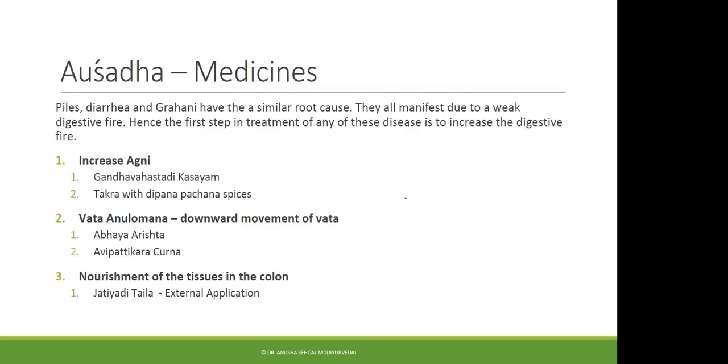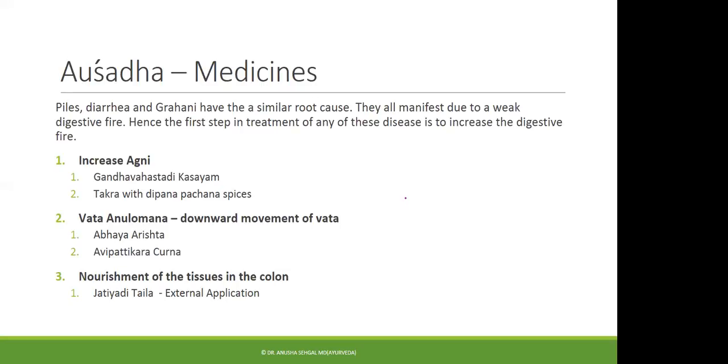The reason they've been put there is because if the pile mass is very large and very chronic, it's sometimes very difficult for us to achieve that treatment with Aushadha alone. Also, if it's very painful or causes severe discomfort to the patient, then Aushadha takes a much longer time in those advanced chronic stages than a surgical intervention would. So that's why there are other options enumerated in the classical text.